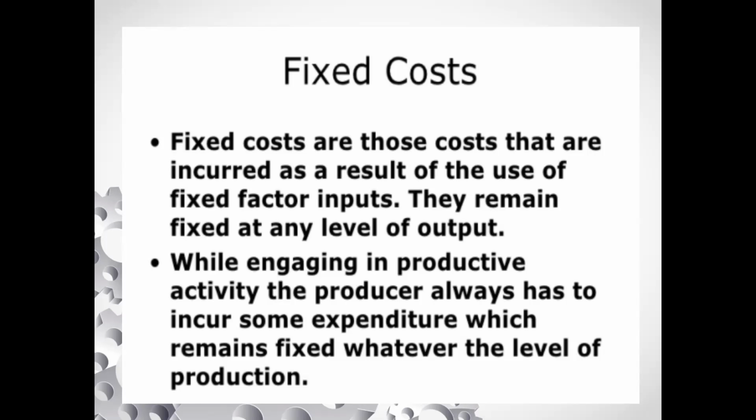For example, the rent we are paying for the place where we are working, or the salary paid, will not change. Maybe changes may take place after 1 year or every 2 years. That is fixed. It won't make any changes in the manufacturing of a unit. So that comes under fixed cost.